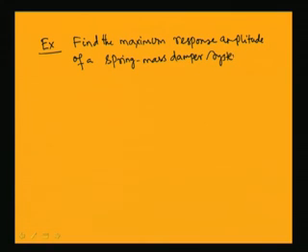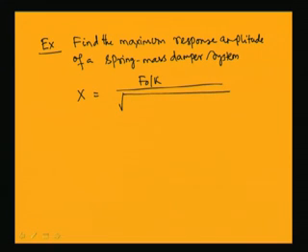In this case we already know that the response can be written as x equal to F0 by k divided by the square root of (1 minus r square) whole square plus (2 zeta r) whole square.